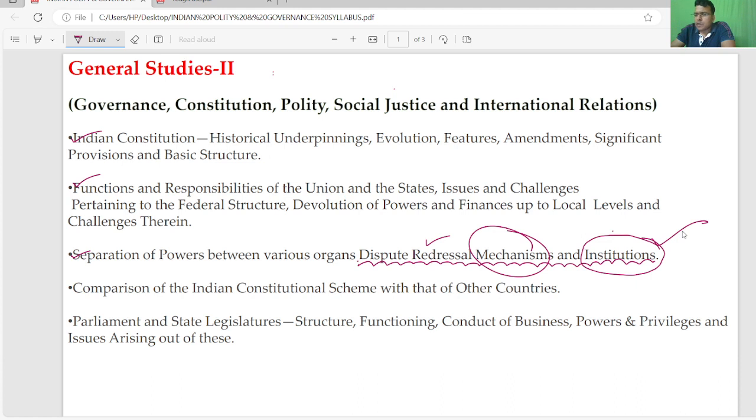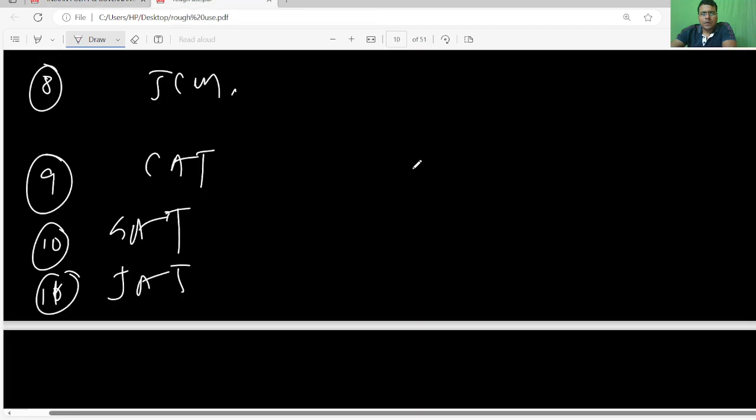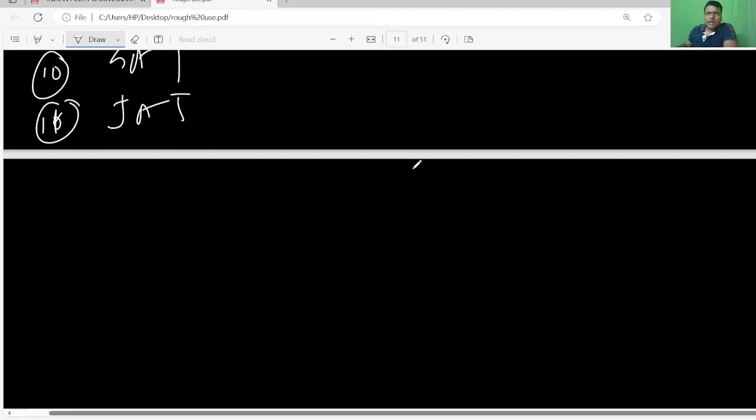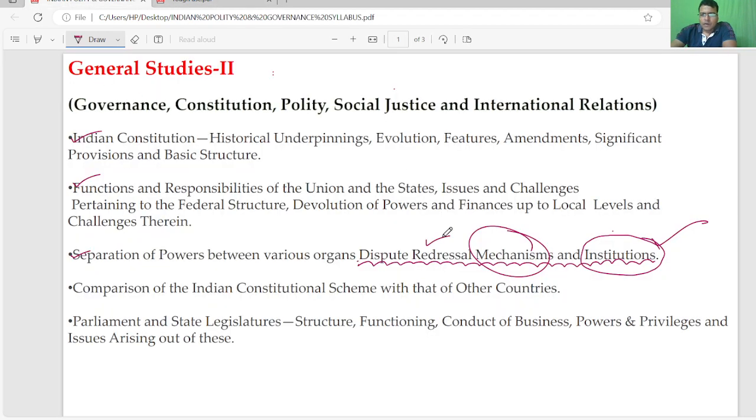NGT is part of tribunal. We can add grievance bodies, Lokpal and Lokayukta. NGT is part of tribunal. Ombudsman system.